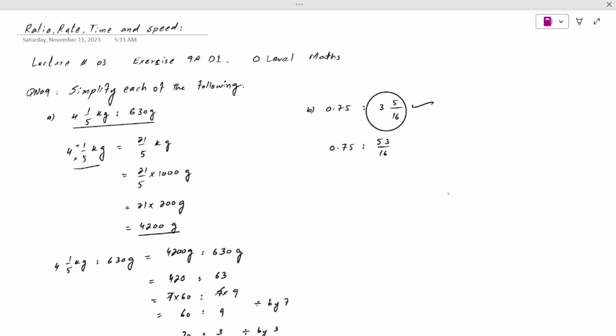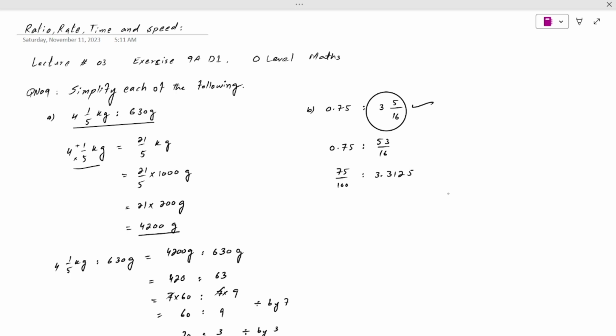Now we can convert the 53 over 16 into a decimal. We can write 0.75 as 75 over 100 ratio, and dividing 53 by 16, we get 3.3125.